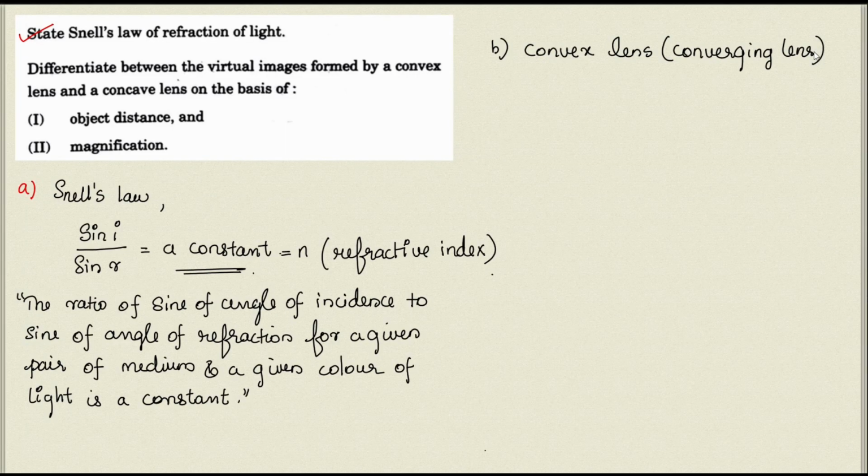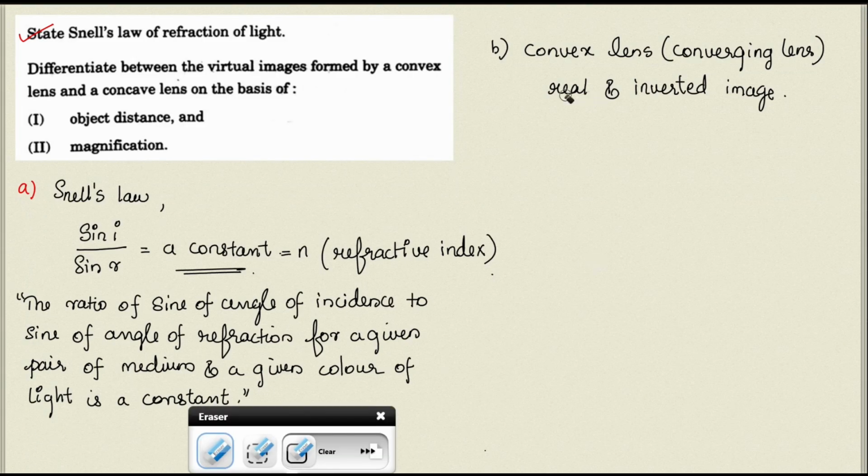In almost all the ray diagrams, we have seen that the convex lens is giving a real and inverted image. But in a particular object position only, it is giving a virtual and erect image.